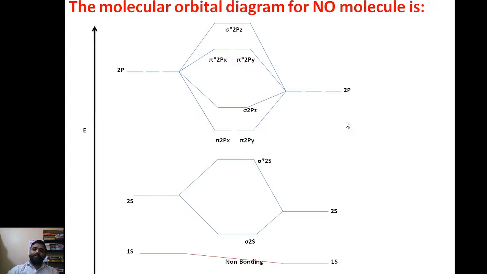Therefore, the px and py orbitals overlap with the px and py orbitals of oxygen to form pi 2px, pi 2py in the bonding, and pi star 2px and pi star 2py in the anti-bonding. Then the pz orbital does not create a pi bond; it creates a sigma bond. It lies along the molecular axis, and it will be an axial overlap. Therefore, one is bonding, sigma 2pz, and anti-bonding is sigma star 2pz.